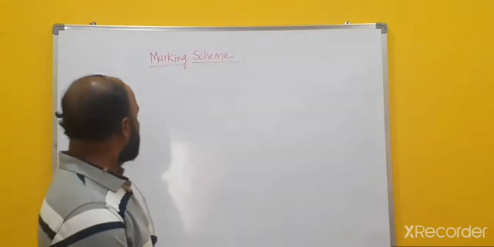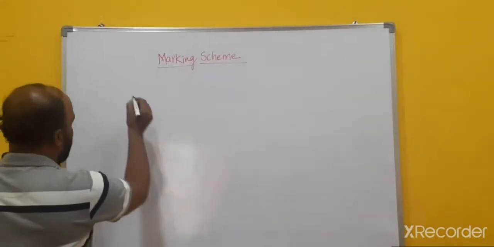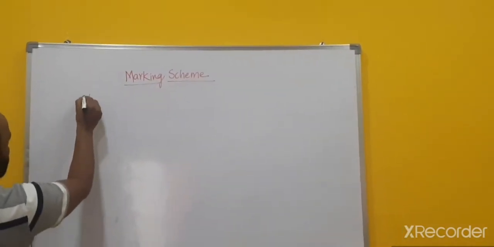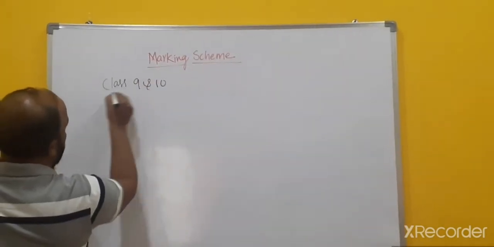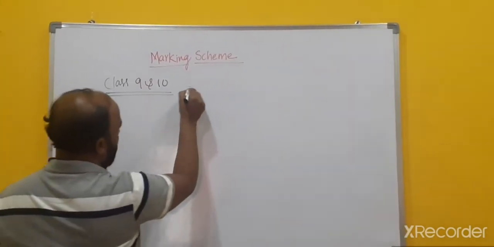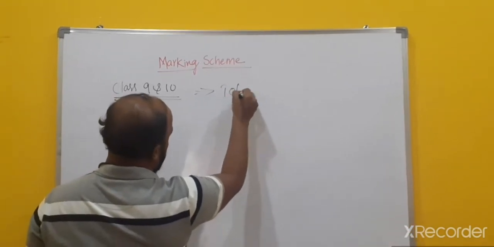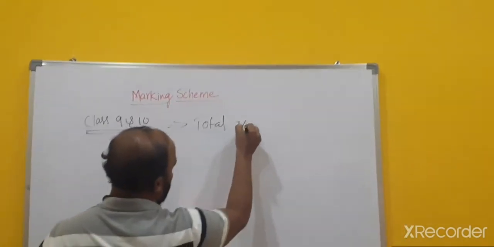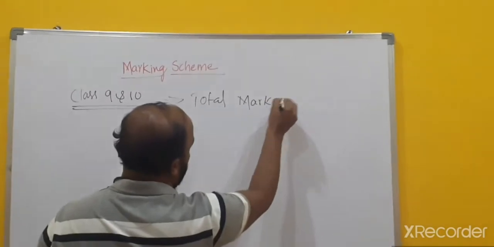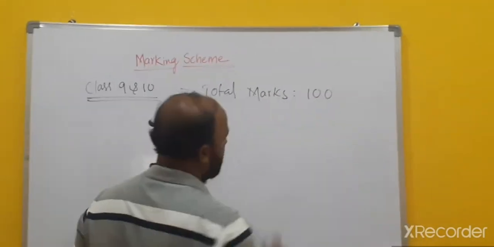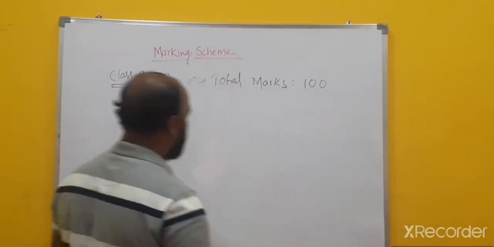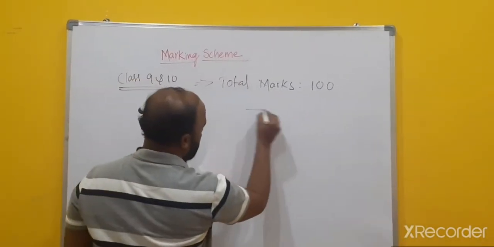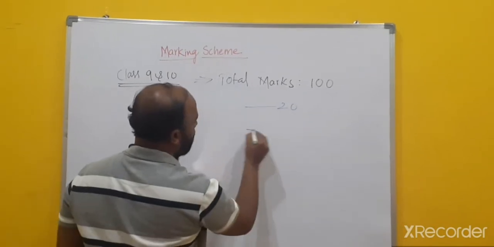Now we will discuss the marking scheme of class 9th and 10th. The final exam contains total marks 100. This 100 is divided into 2 parts: one is 20 marks and one is 80 marks.